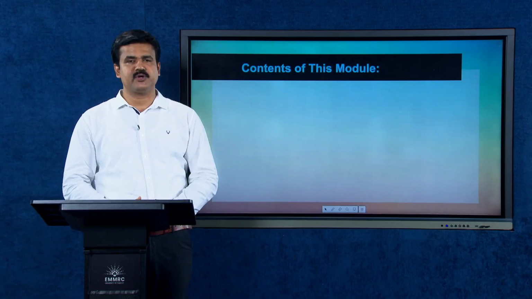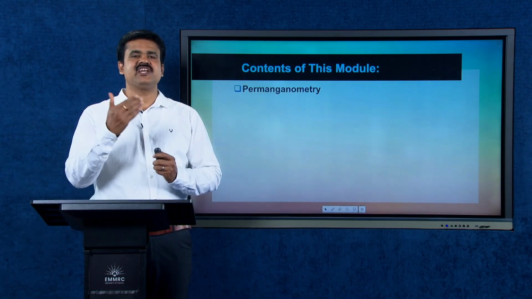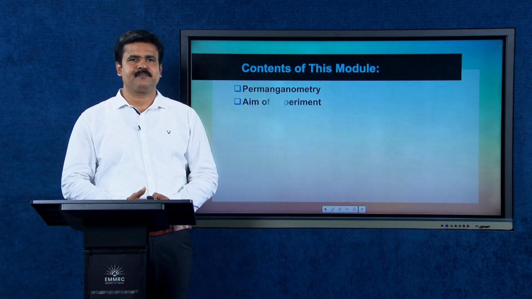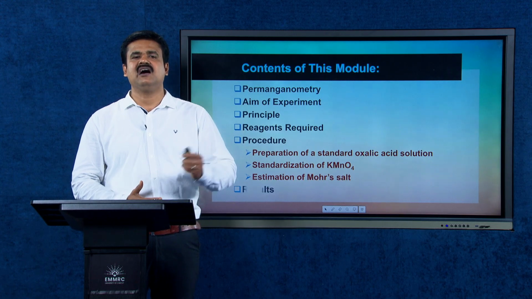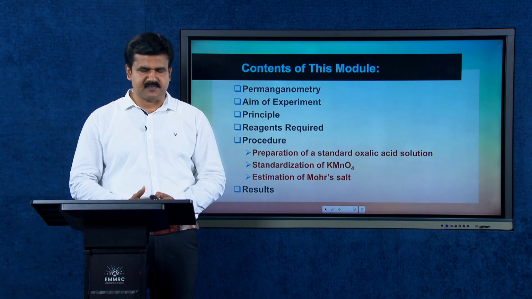The contents of this module are: permanganometry, aim of the experiment, principle behind the experiment, reagents required for the experiment, procedure of the experiment, that is preparation of standard oxalic acid solution, standardization of potassium permanganate and estimation of Mohr salt. Finally, we have results of this experiment.